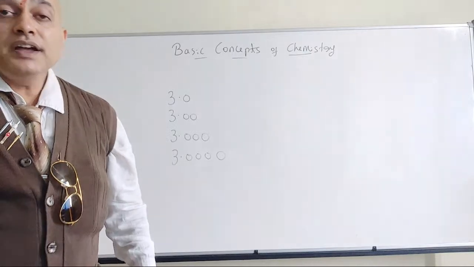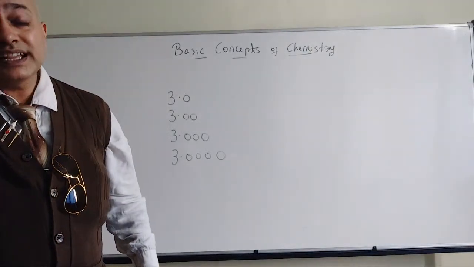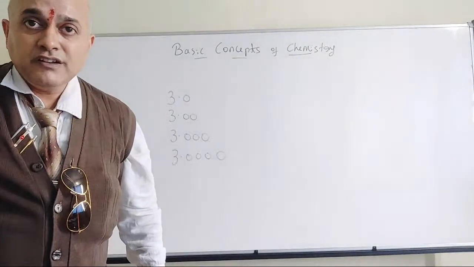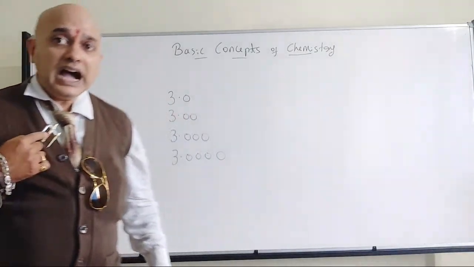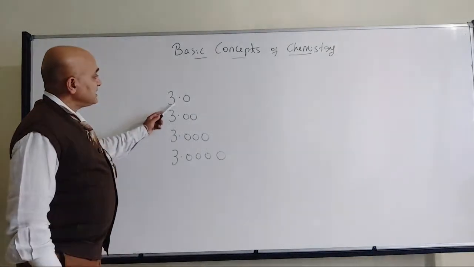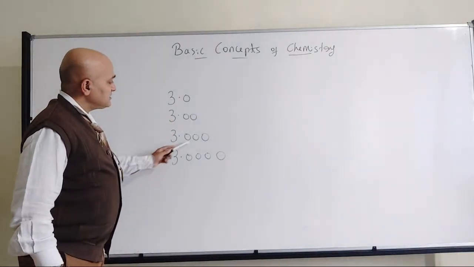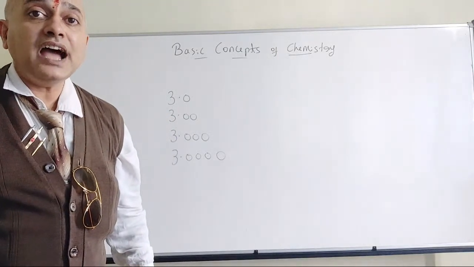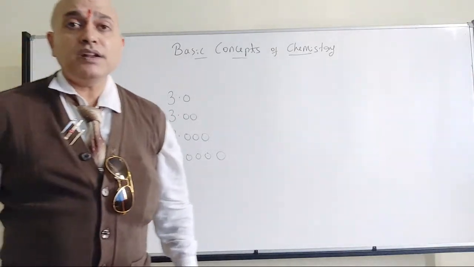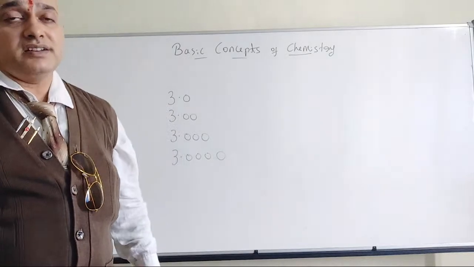So I can have infinite number of significant figures. When I am telling I have 3 pens, it can be written like this, whatever it might be. Therefore they can have infinite number of significant figures.